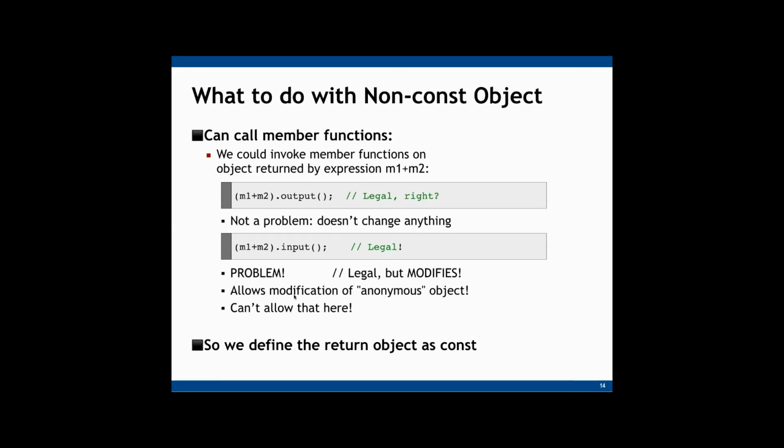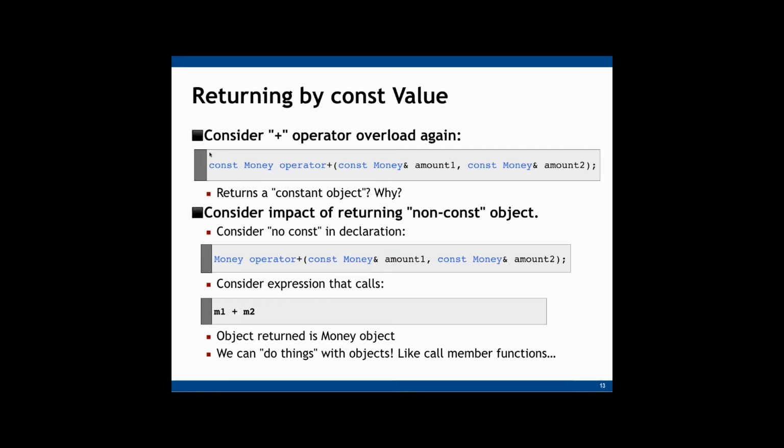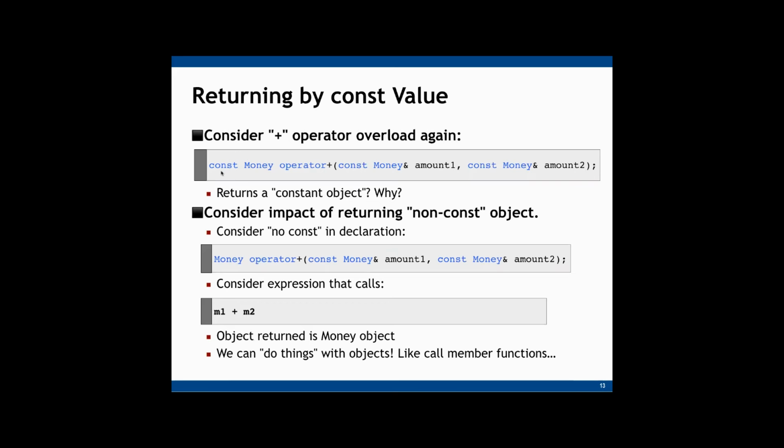So by returning const objects, we can prevent mistakenly changing objects. If you put const here, it prevents programmers from modifying the returned objects. That is the reason why we are putting the const keyword here.